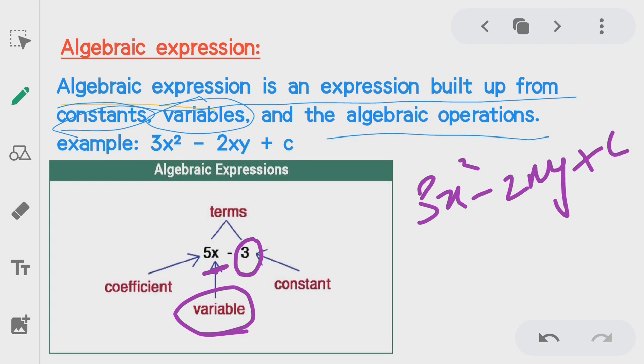In this one, if you see, 3x square is a term. 2xy is also a term. c is also a term. How many terms are there? 3 terms. What are the 3 terms? 3x square, minus 2xy, plus c. These are the 3 terms here.